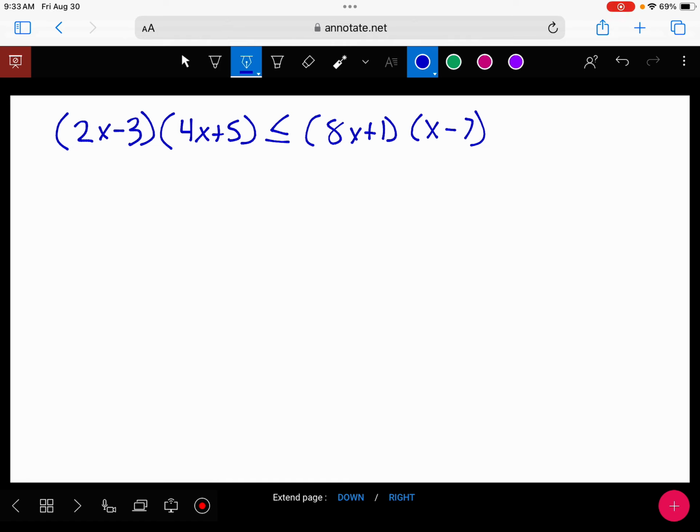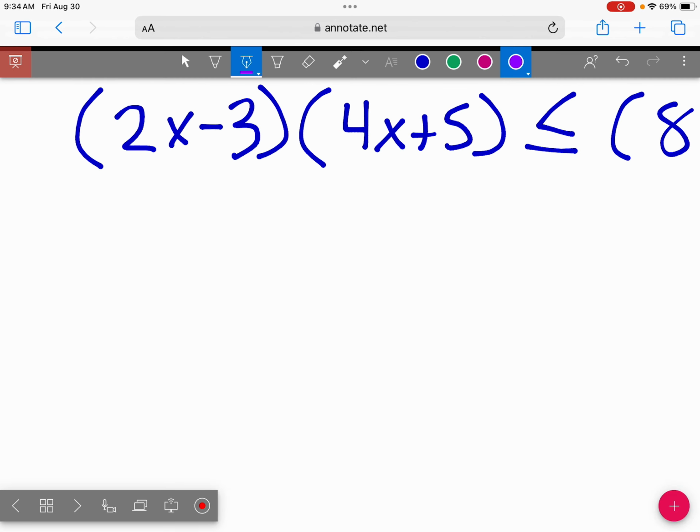So what should we do? Multiply everything else. Distribute. Box, however you choose to multiply. Multiply whatever way your little heart desires. So on my left-hand side, when we multiply this out, 2x times 4x gives me 8x squared. 2x times 5 is 10x. Minus 3 times 4x is negative 12x.